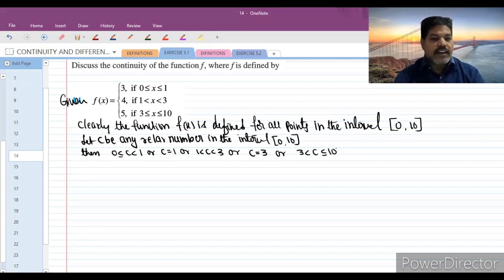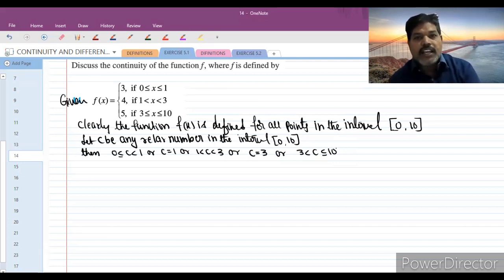These cases arise if c is any real number in the interval, by the given function. So from all these cases we have to check where the given function is continuous and where it is discontinuous.